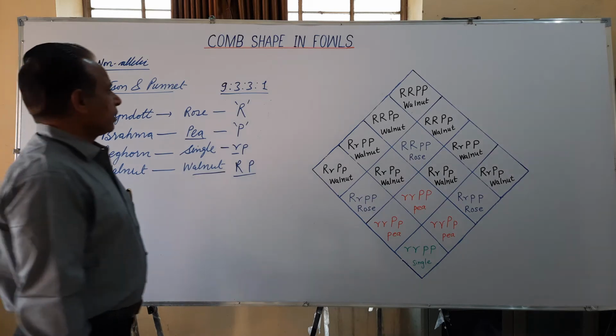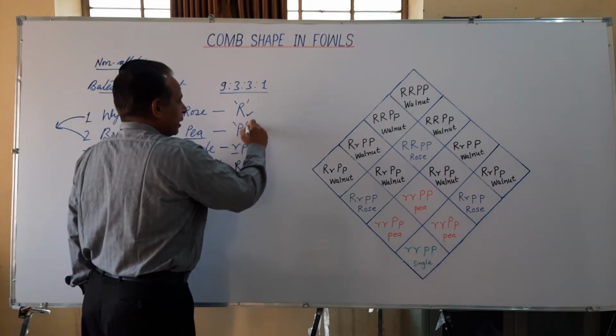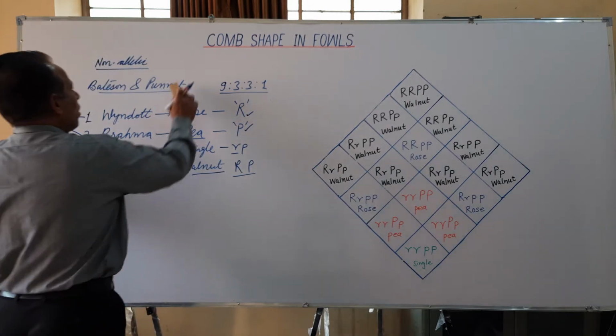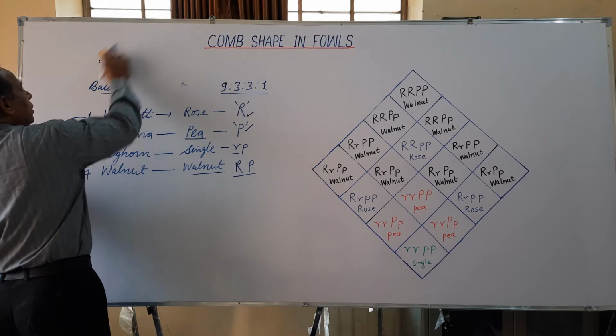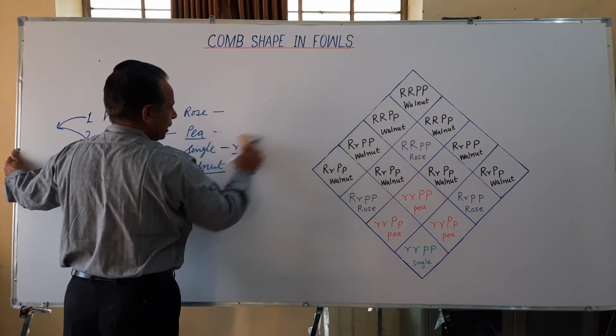We will discuss the interaction of dominant genes R and P by crossing different breeds of chicken to get the F1 and F2 generation.